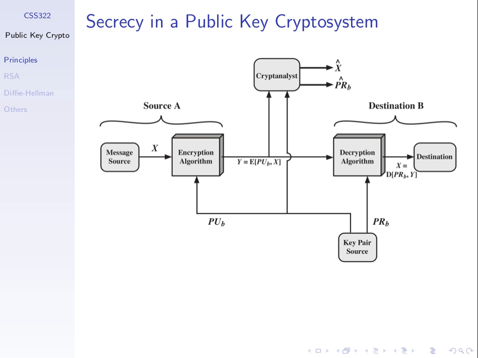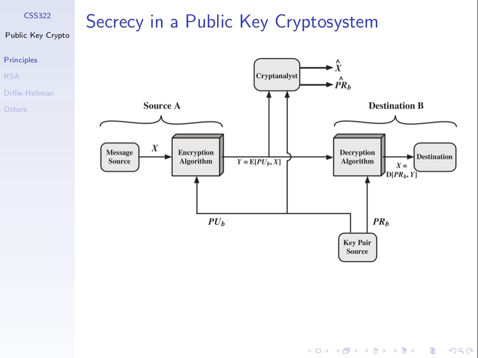So what I do is I use a public key algorithm and a pair of keys which are generated in some way, and I encrypt with the destination's public key. The public key of B in this case. I encrypt with their public key, send the ciphertext to them, they decrypt with their private key and get the original plaintext back.